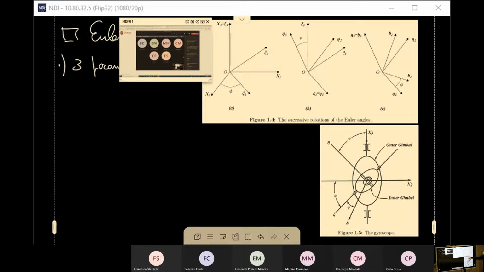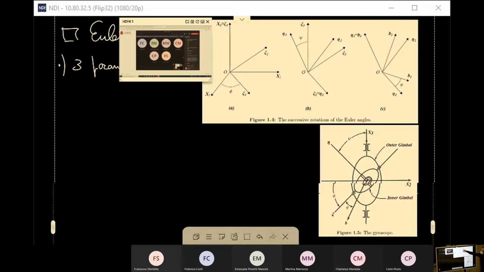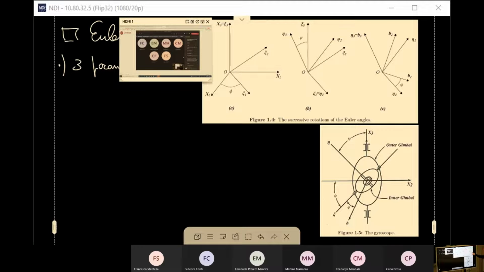And this brings you into the second intermediate configuration, which here we have identified by the axes eta1, eta2, and eta3. Then the last rotation is about the axis eta3 of an angle phi.